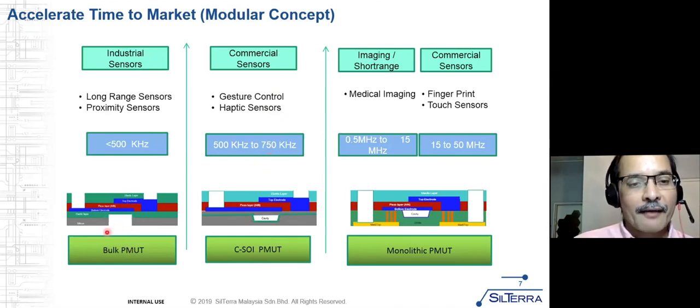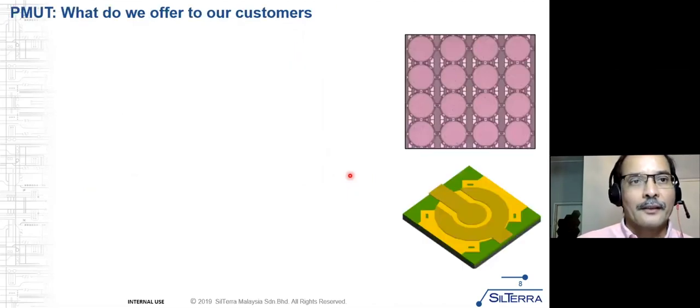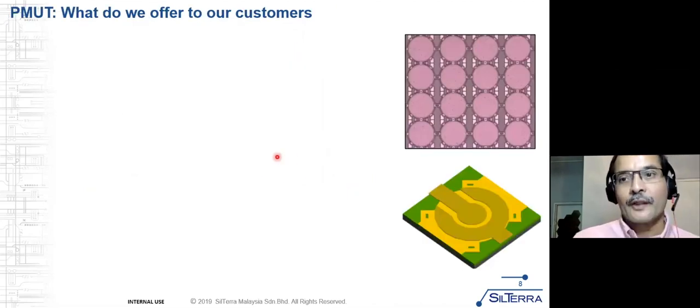In this case, the cavity is formed from the backside of the wafer, but the underlying blocks are still the same. So with this modular concept, we are able to address the market in a much faster way.